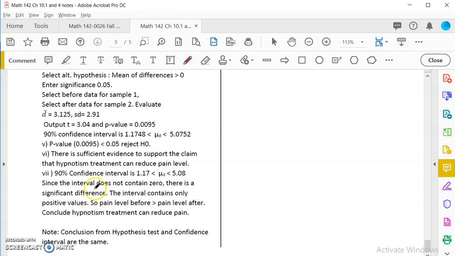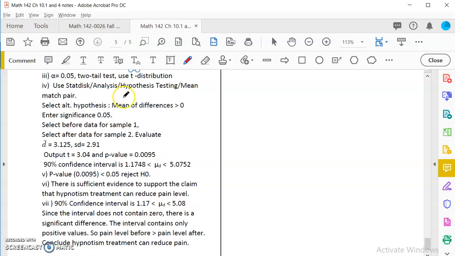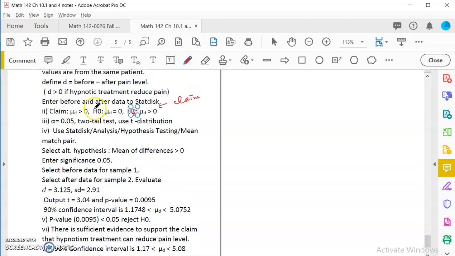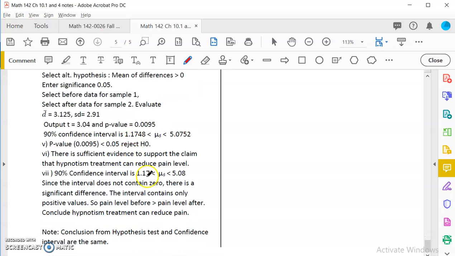Positive means before is larger than after, because our difference is before minus after. And they're all positive, that means afterward, your number is lower. So we can conclude hypnotism treatment can reduce pain. And you can see that the conclusion from the hypothesis test and the conclusion from the confidence interval are both the same.